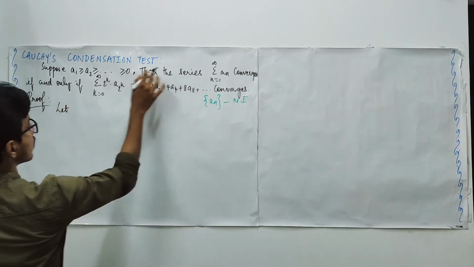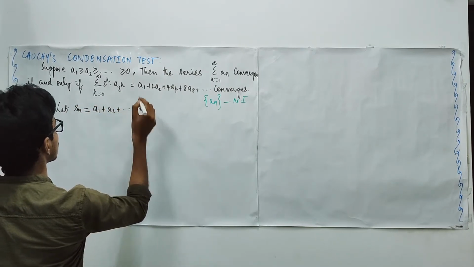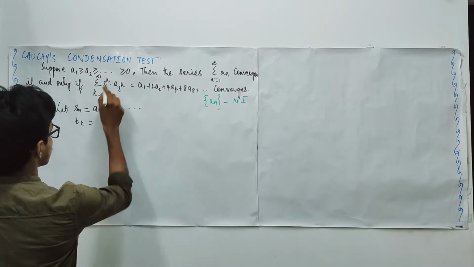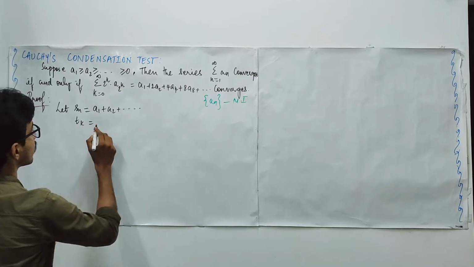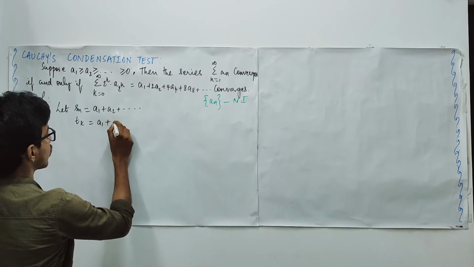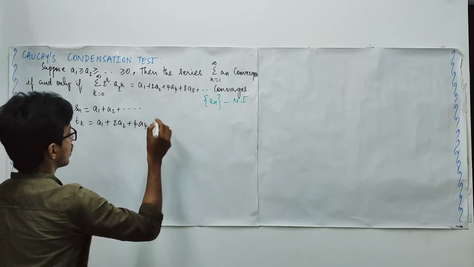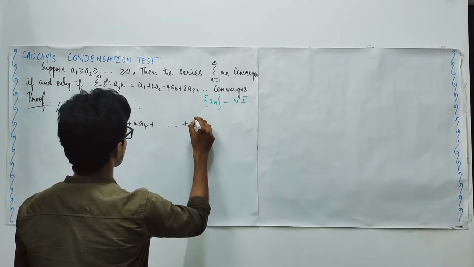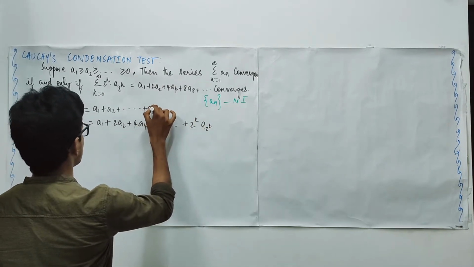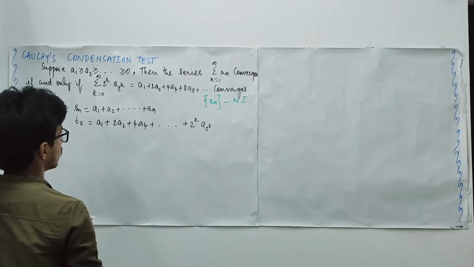Let us take this one as Sn, that is a1, a2, and it goes this way. And let us take Tk to be this one. When you give k equal to 0, you will get a1, and when you give k equal to 1, you get 2a2, then 4a4, and it goes till 2 power k times a with suffix 2 power k.